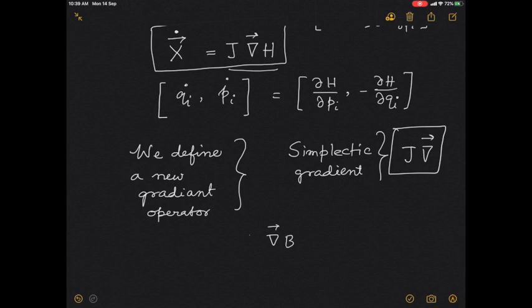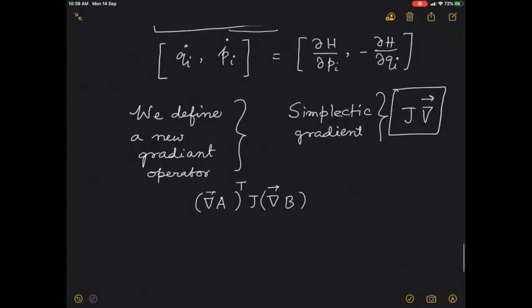So I have a scalar B, I take its symplectic gradient, and then I do this. Let us calculate this.